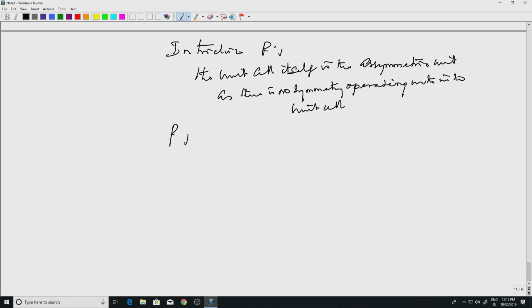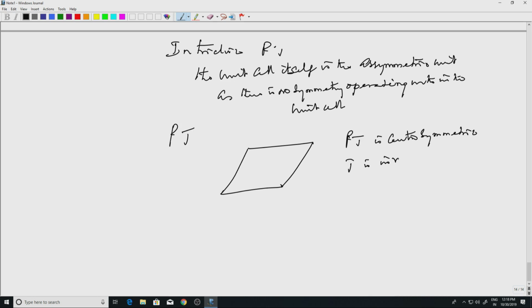Now P1 bar. P1 bar is centrosymmetric. One bar is inversion related.